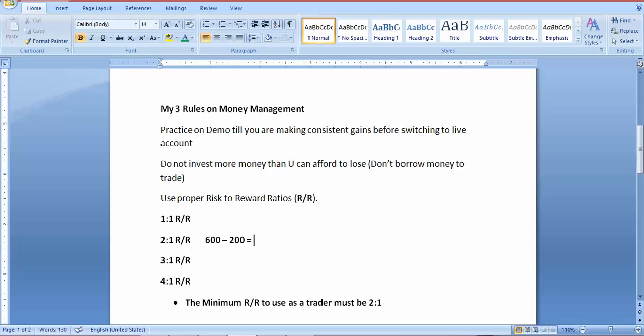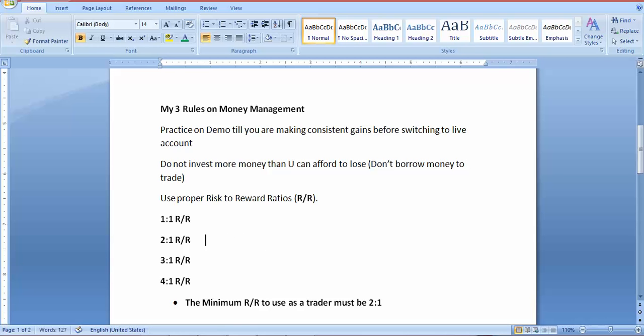Then the total is 400 profit. If you won only 3 trades out of 10, then that will give us 300 minus 7 times 50, which is 350. 300 minus 350 equals negative $50 for this.